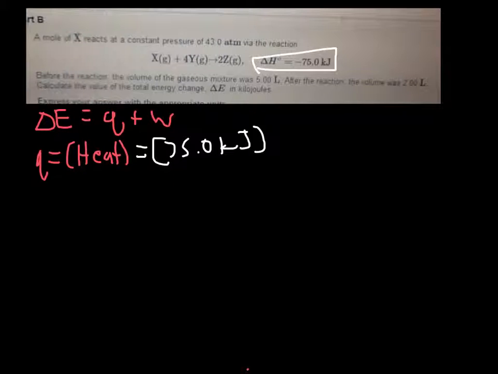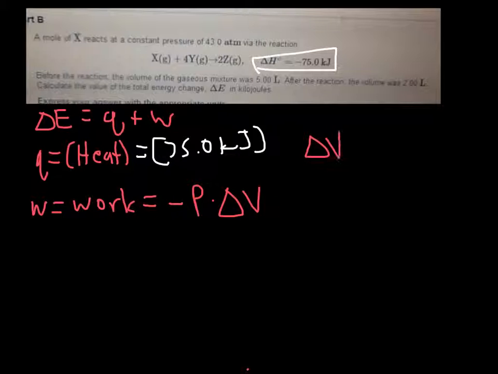Now, what does W equal? W stands for work, and we're going to represent it as negative pressure multiplied by delta V. Delta V equals the volume of the final subtracted from the volume of the initial.